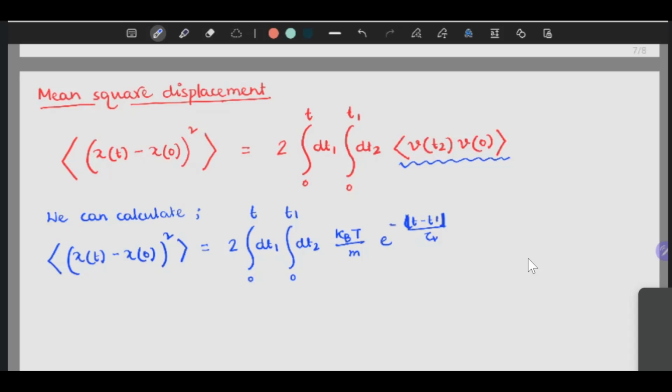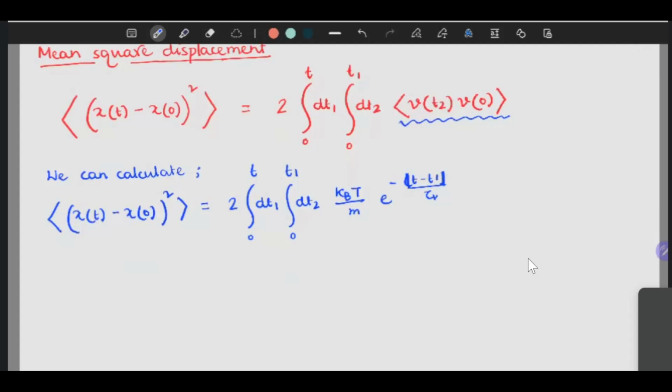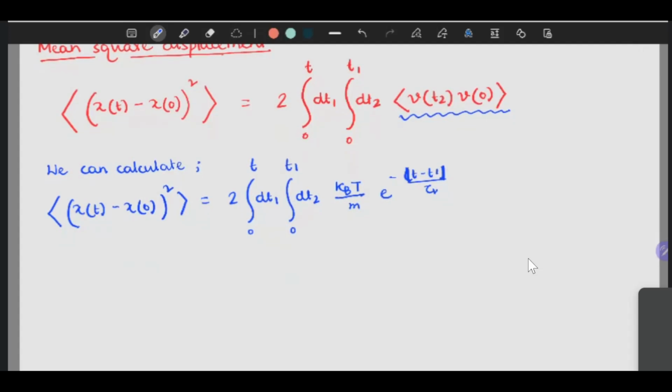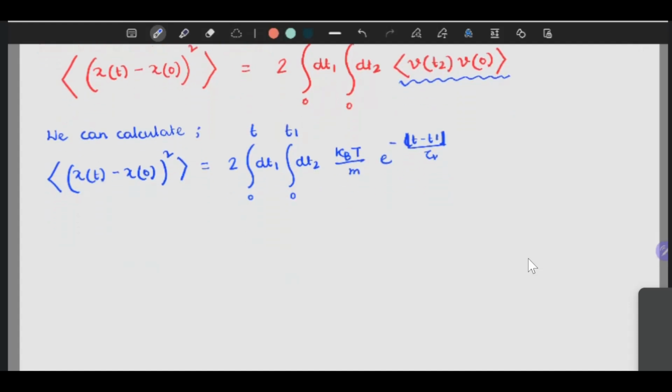Now what we will do, we will use a good approximation.